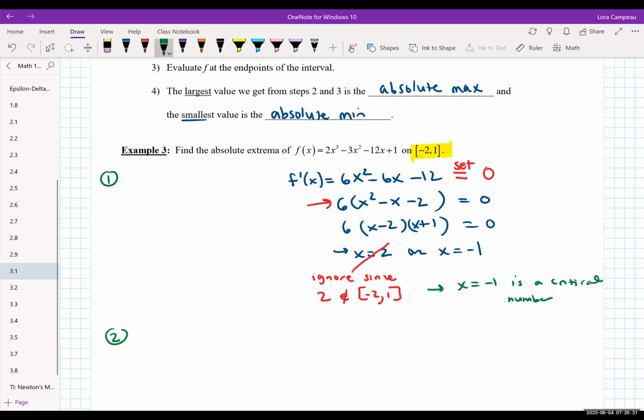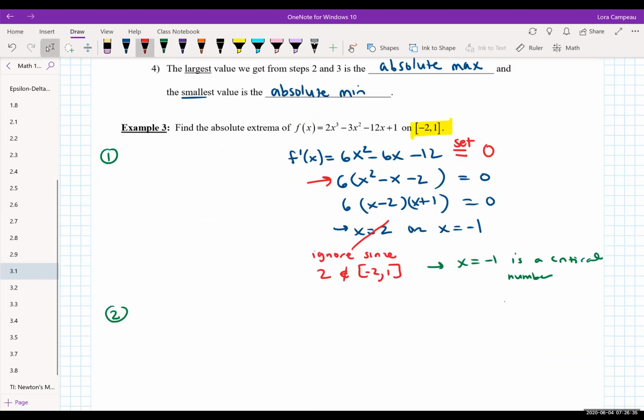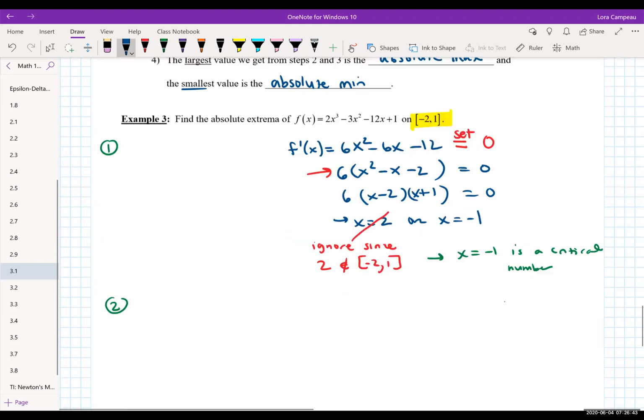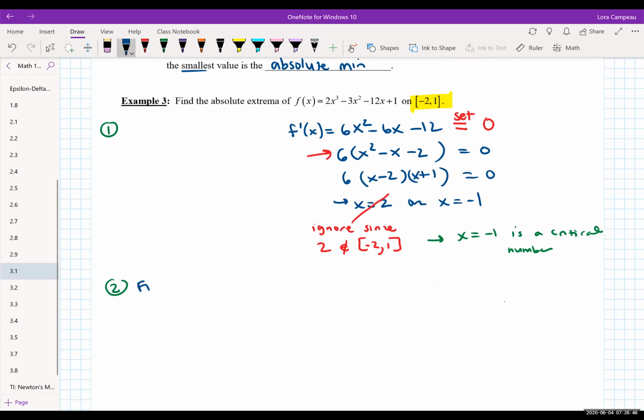Step 2, kind of going with this, we are evaluating f at the critical numbers. So find, and then this will be what we call the critical value. What does that mean? f of c, or in our case, f of negative 1.